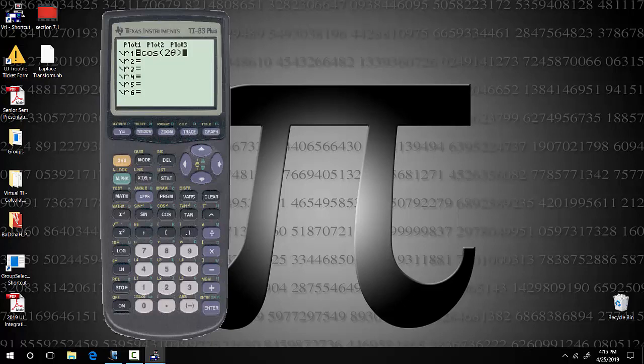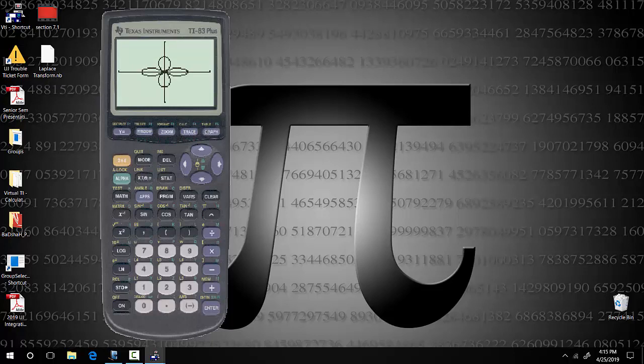Then you can go to window and set the window. Theta is my angle, so I'll go from 0 to 2 pi. For x min I'll use negative 2, for x max 2, for y min negative 2, and y max is also 2. So let's graph this.